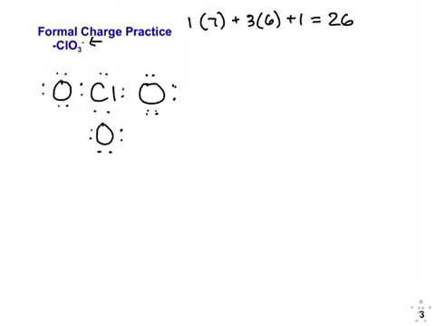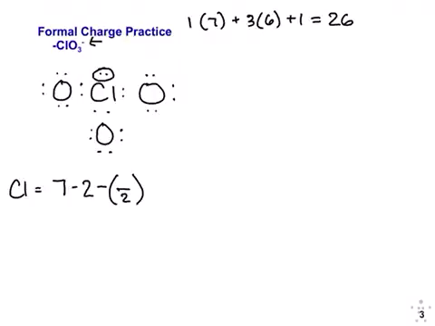So we do that. You can start with the chlorine. How many valence electrons does chlorine have? 7. Then how many lone pair electrons are on chlorine? 2. Those right here. So there's 2 unbonded electrons minus your number of bonding electrons divided by 2.